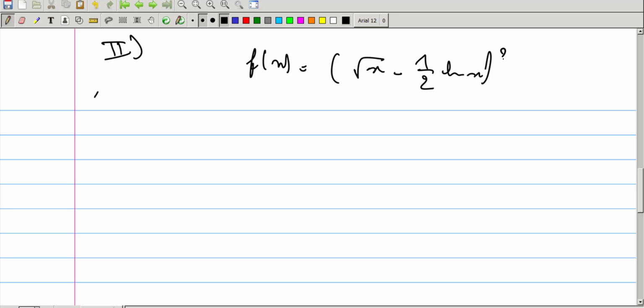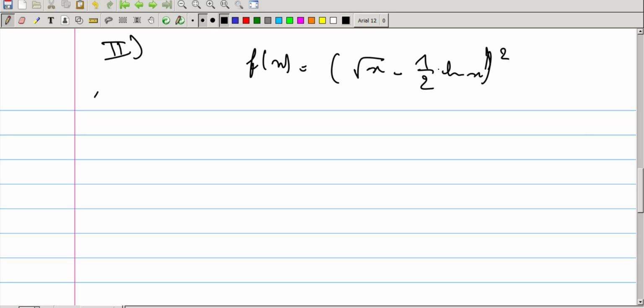Okay, as we said, for the next part we will have a new function that we will use the first function to study. Okay, let's study this function. f of x equals the square root of x minus 1 over 2 ln x squared.